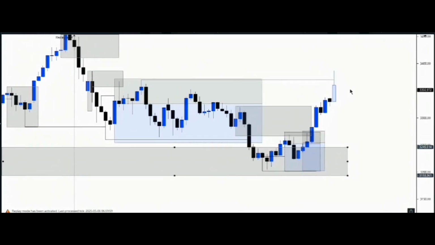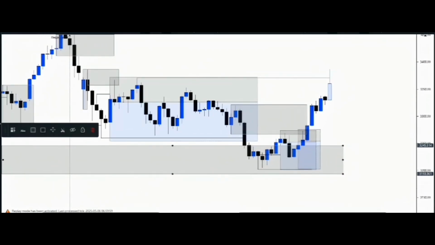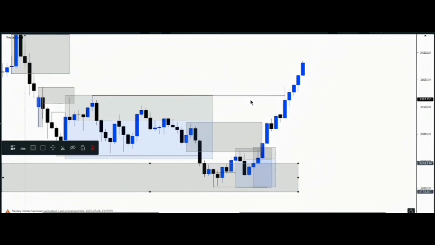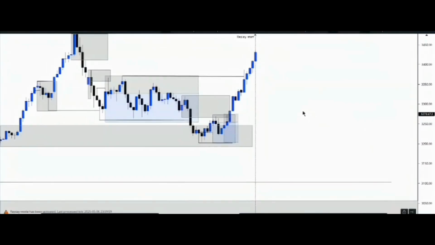Okay, so let's see what is going on. So price has closed above. Now if price has closed above, meaning that this is short, let's see if this zone is going to hold price. So if price is going to go higher after taking out this chalk, remember this area of interest is 50-50, it's low probability.